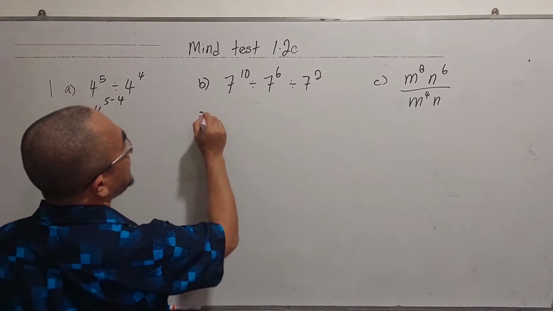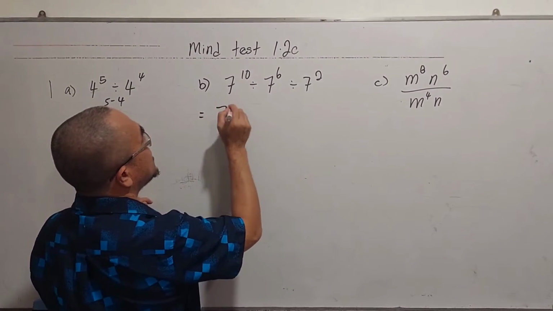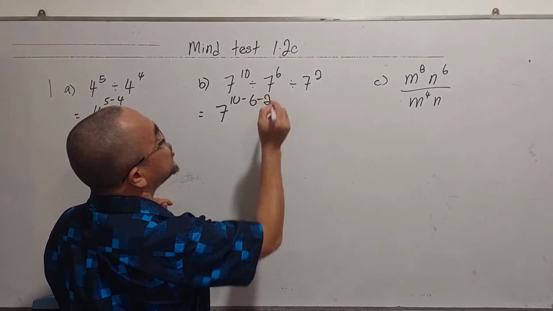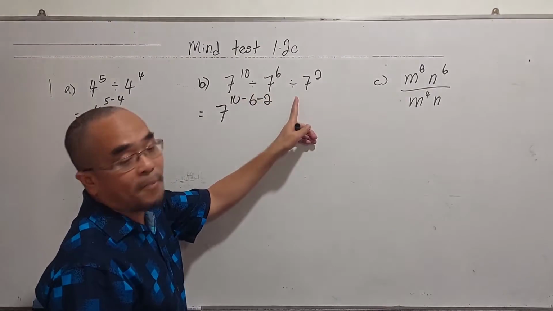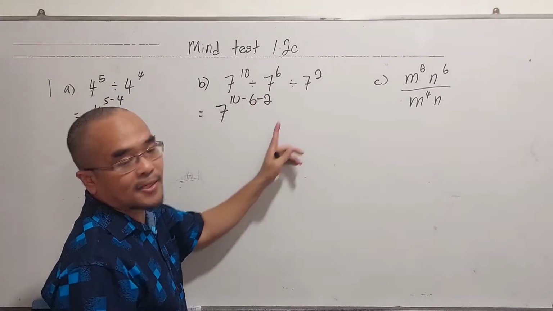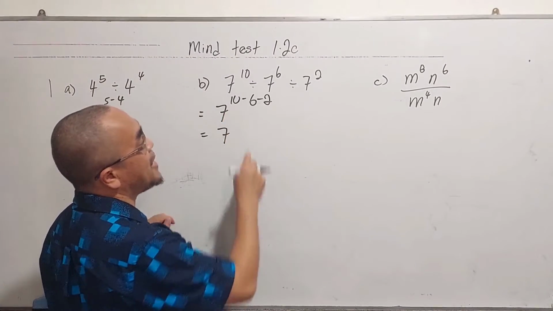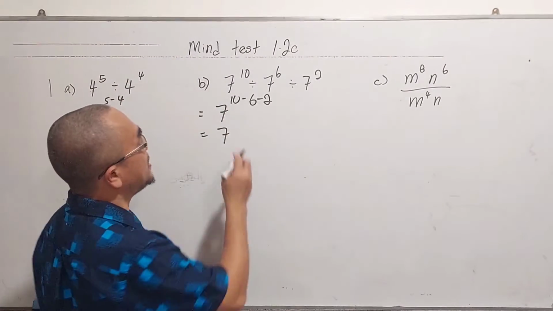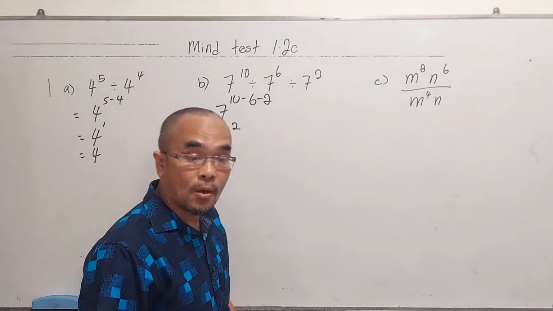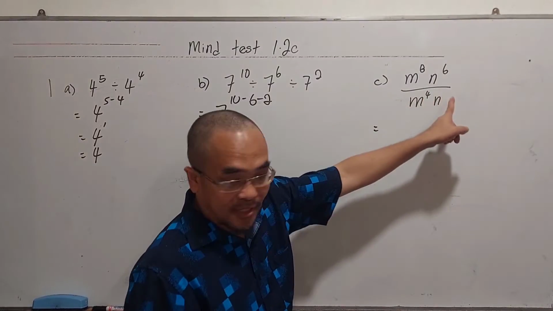How about D? Division. So 7 to the power of 10 minus 6 minus 2. Divide means minus, so it will be 7 to the power of 2. This is division.